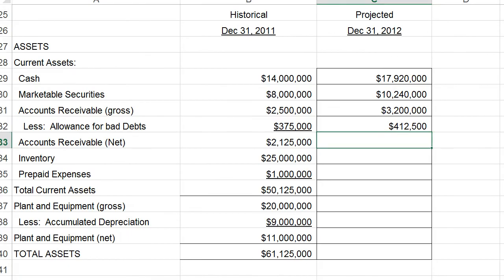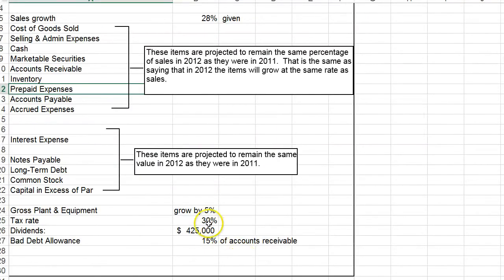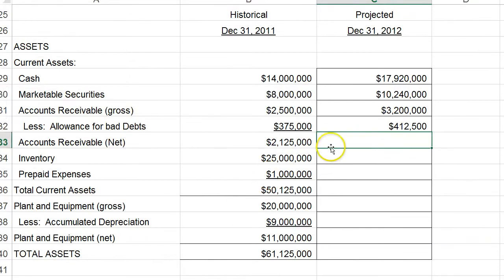Okay. So 10%. All right. 10%. And then accounts receivable net. This is just a quick sum of these two accounts. One, we're going to less the allowance for bad debts. And then inventory.